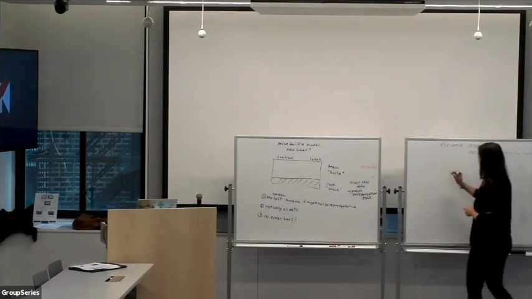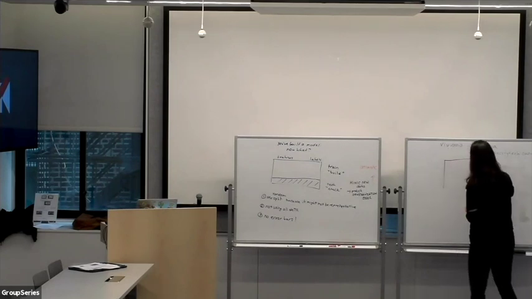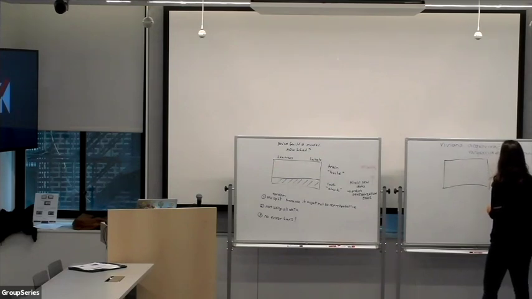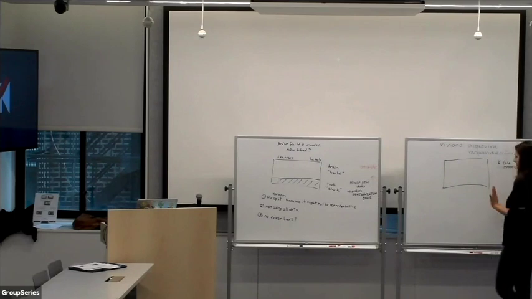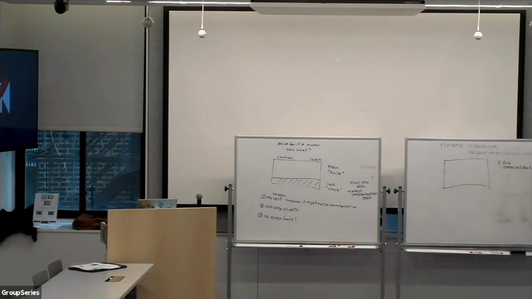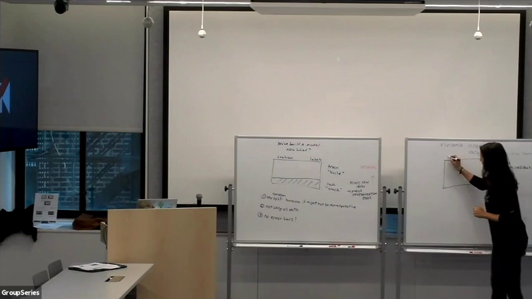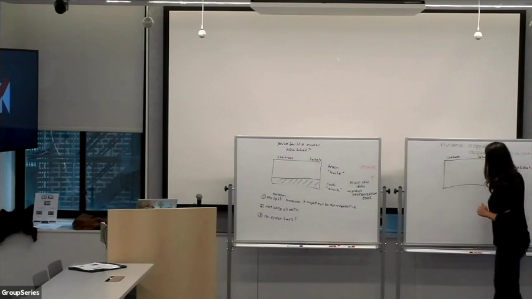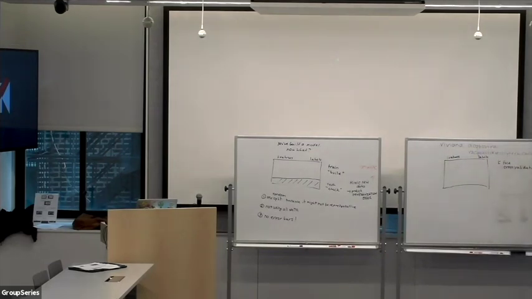So k-fold cross-validation, you still have your data set. Here you have features, here you have labels. You decide to divide it, rather than into 2 parts, into k parts.